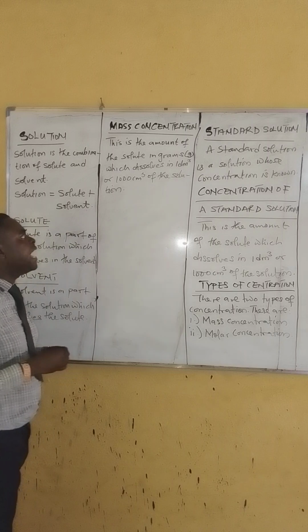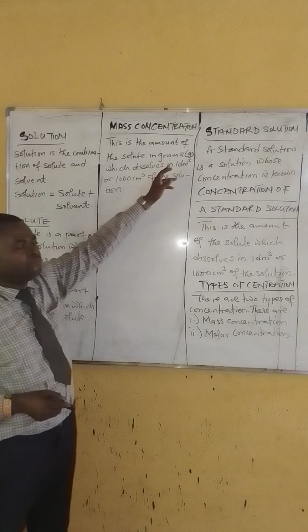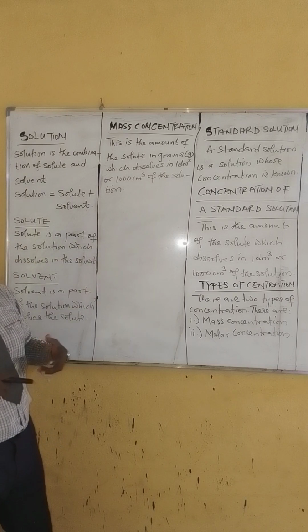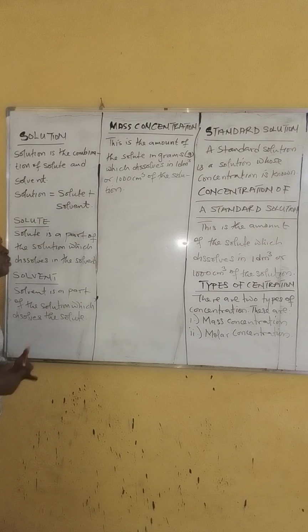You know, the SI unit of mass is gram. So we call it mass concentration because the amount of the solute that dissolves in 1000 cm³ or 1 dm³ of solution is measured in what? In grams.